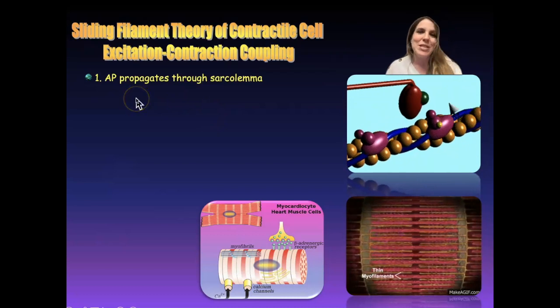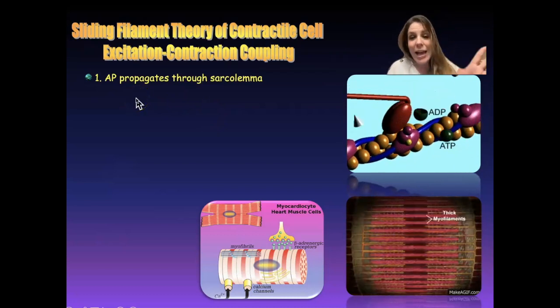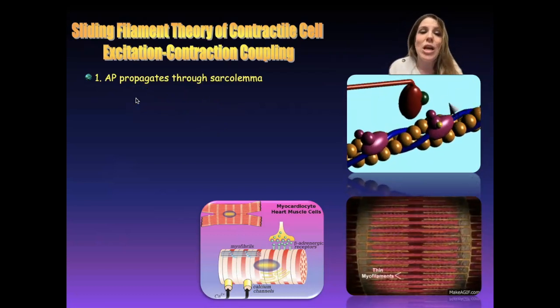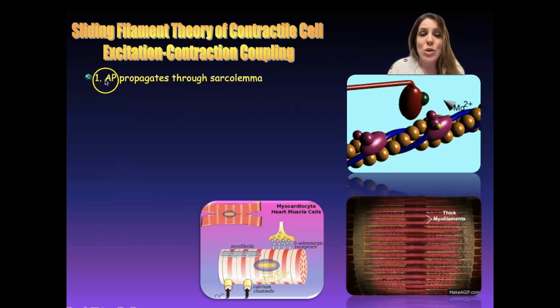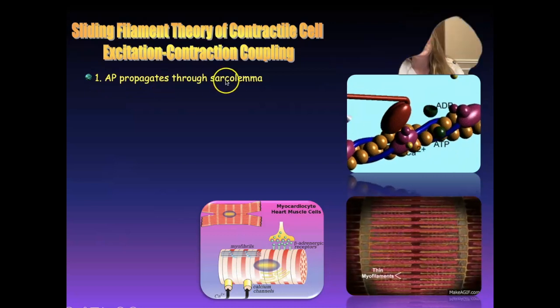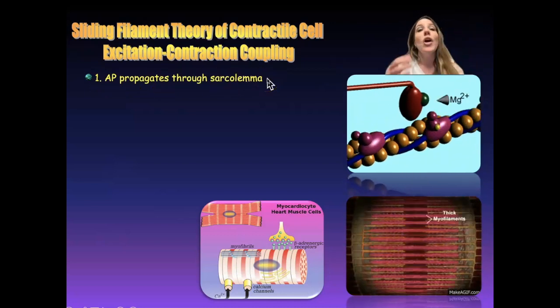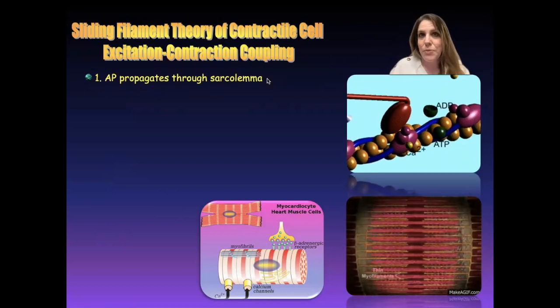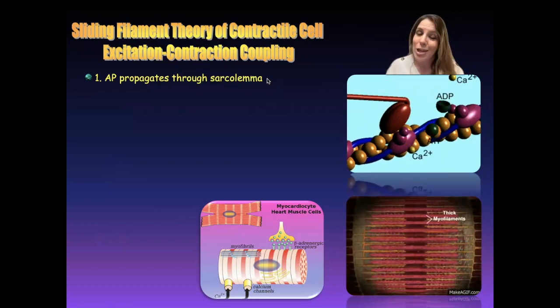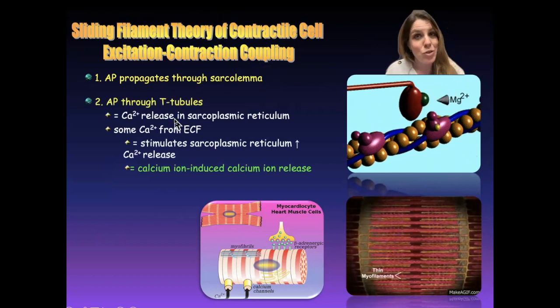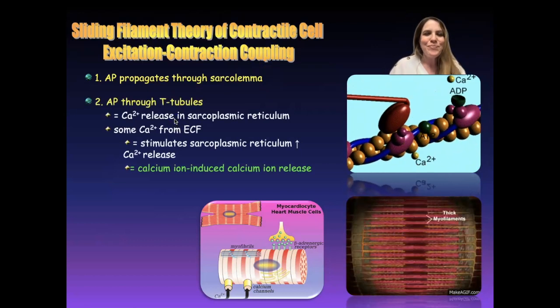So just like with skeletal muscle cells, when that action potential reaches those contractile cells and propagates through the cells, it's going to do so by first propagating through the sarcolemma. And recall that the sarcolemma is just another name for the plasma membrane of any kind of muscle cell, in this case, cardiac muscle cells, specifically contractile cardiac muscle cells.